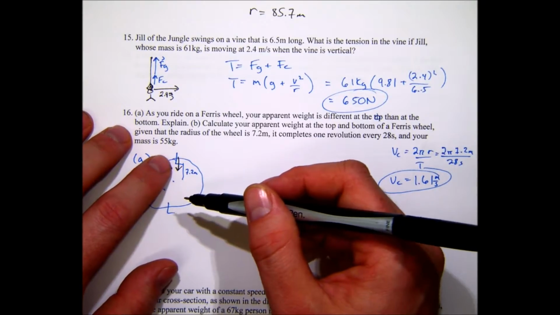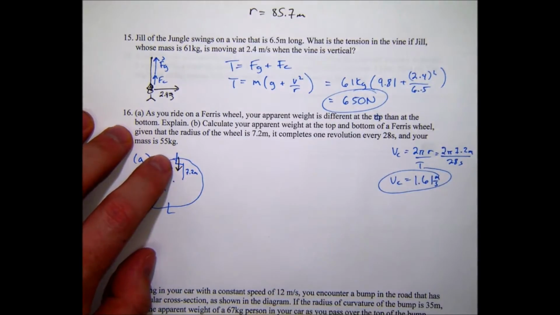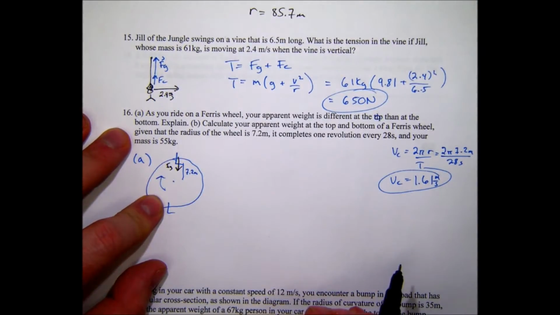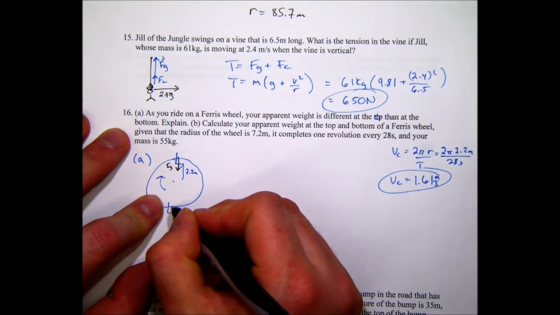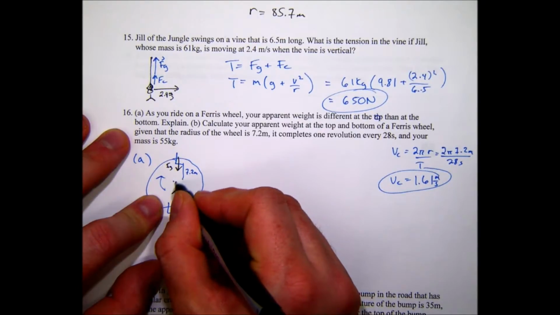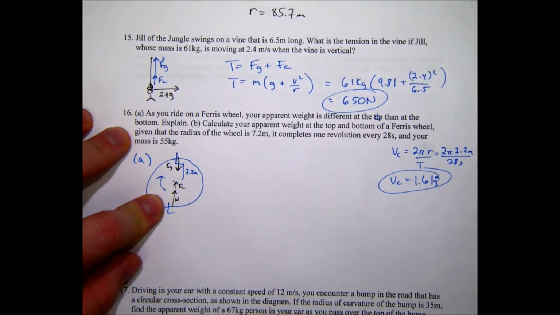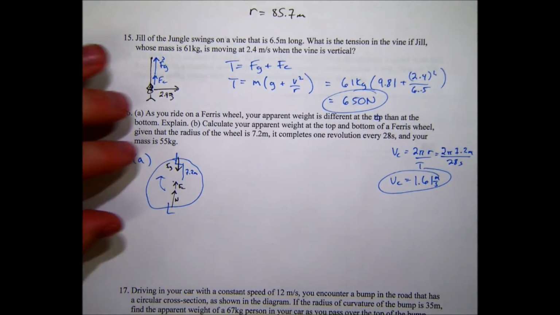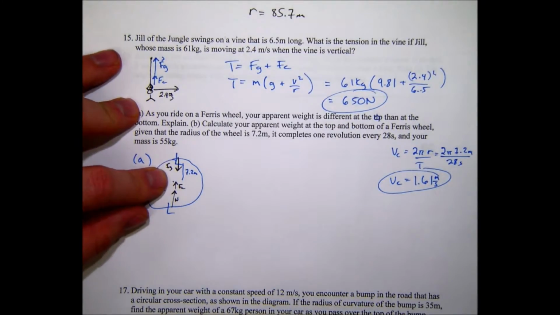So gravity is actually helping you here. At the bottom, it's just like the problem with Jill of the Jungle, where you have to provide the normal force plus a little Fc. So you have an additional force required to make you go up, but gravity helps you on the way down.